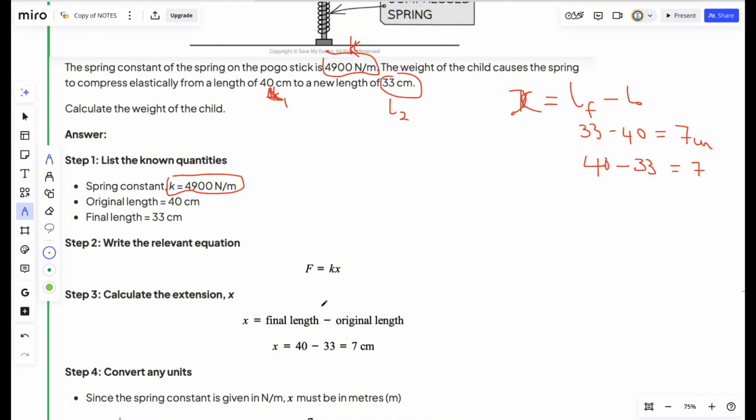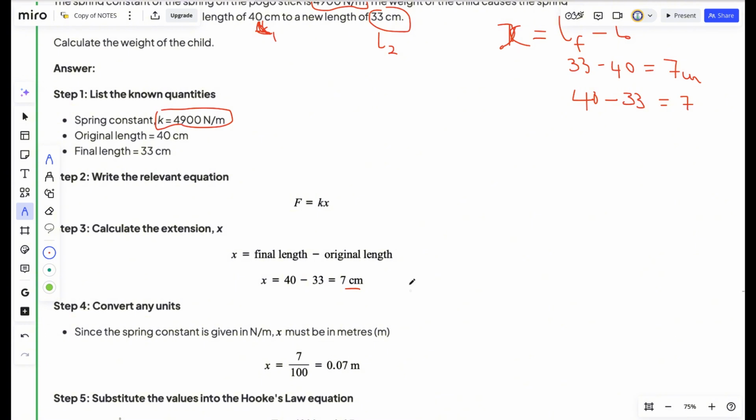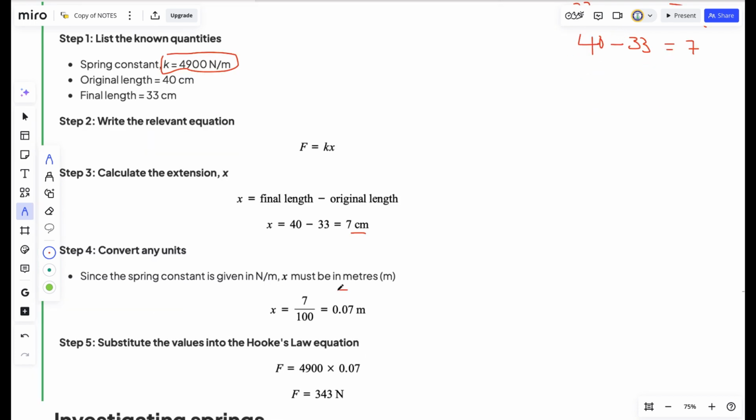But because the spring constant is given in Newton per meter, we must change this extension to meter. To change centimeter to meter, you divide by 100. So we get 0.07 meter. Now we know the extension and the spring constant, so we can calculate the force.